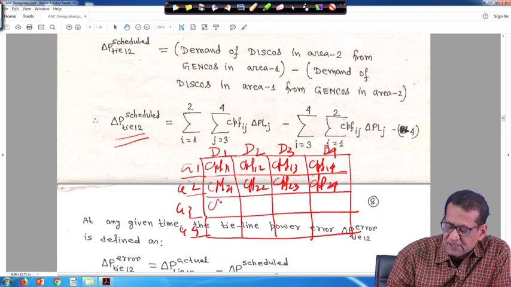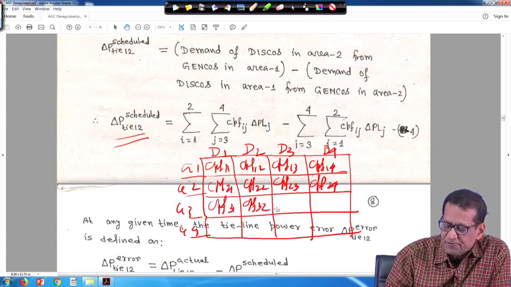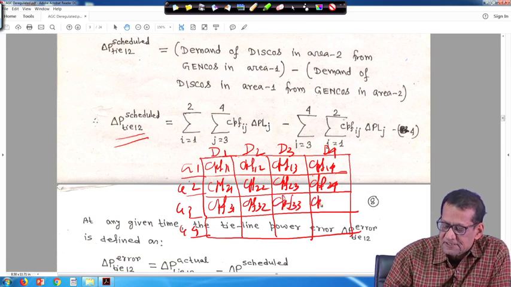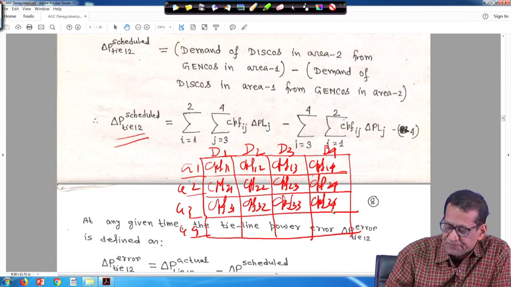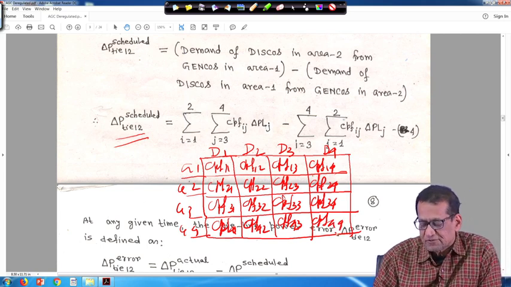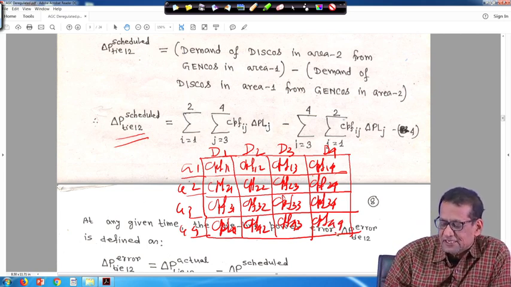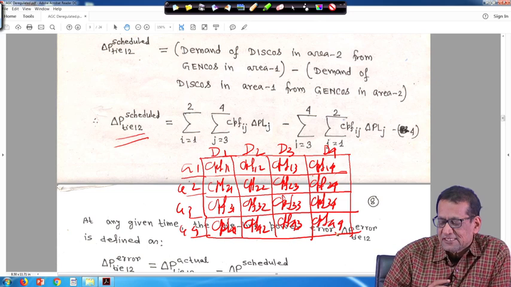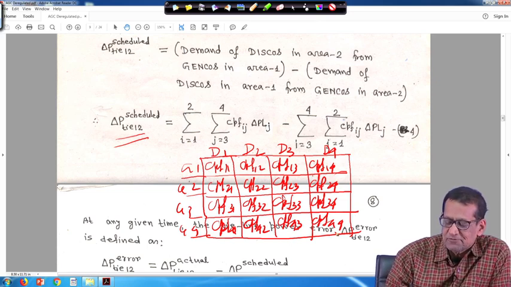Then Cpf 31, Cpf 32, Cpf 33, Cpf 34. Then Cpf 41, Cpf 42, Cpf 43 and Cpf 44.